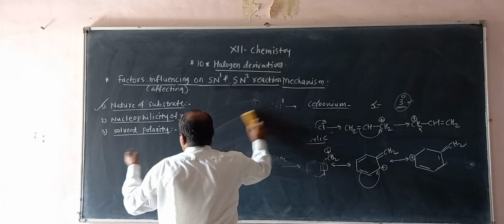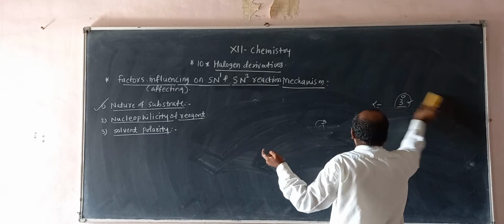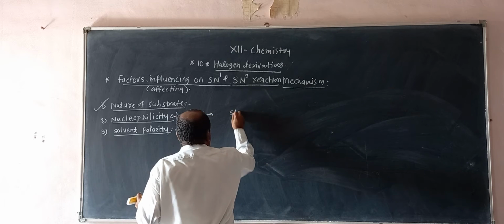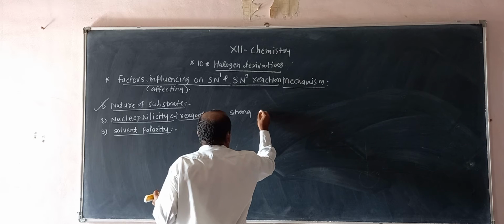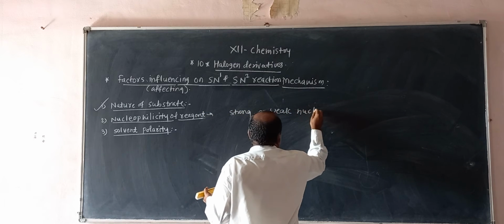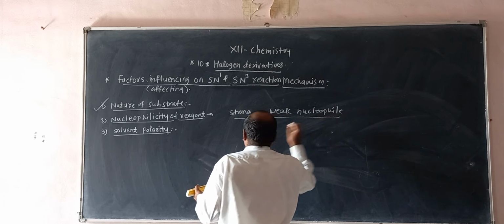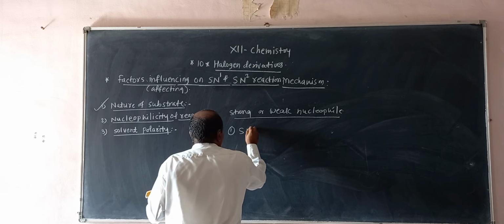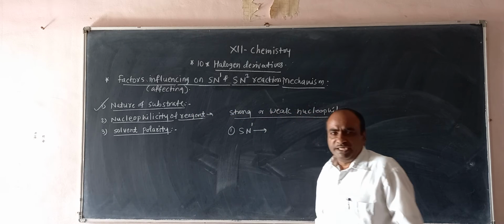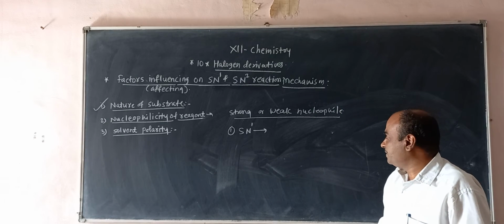Now the second factor is the nucleophilicity of the reagent, that is, whether you use a strong or weak nucleophile, it plays an important role here. In case of the SN1 mechanism, as you know, a carbonium ion intermediate with planar structure is formed.